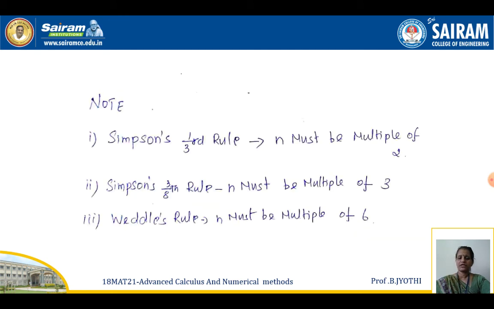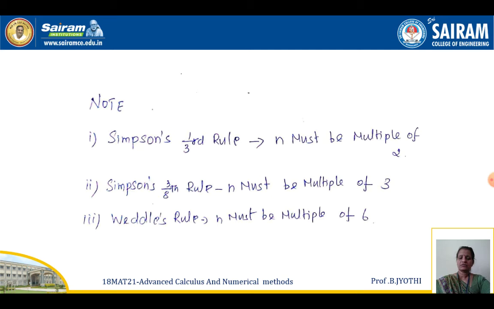Here are some points to remember as a note: when to apply the 1/3 rule, the 3/8 rule, or Weddle's rule. When n is a multiple of 2, we can apply Simpson's 1/3 rule. When n is a multiple of 3, we can apply Simpson's 3/8 rule.